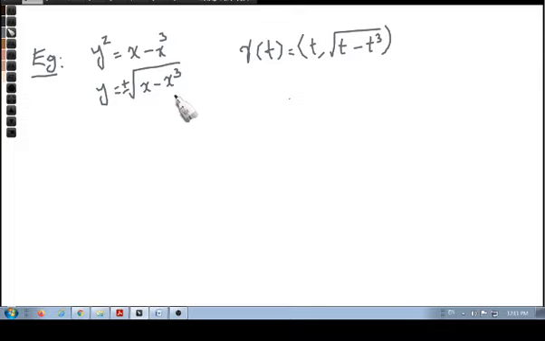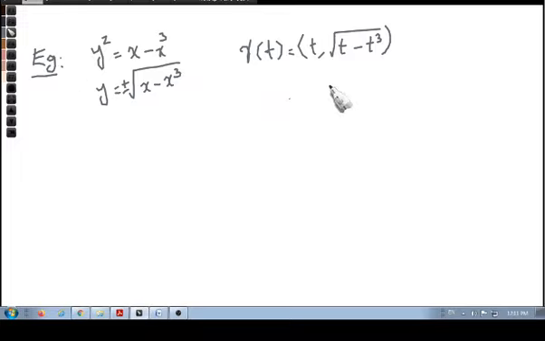Okay, so let us try to parameterize this in the most evident way. So put x is equal to t, so y will be equal to plus or minus square root of t minus t cube.